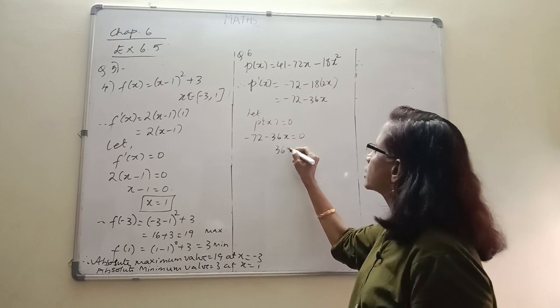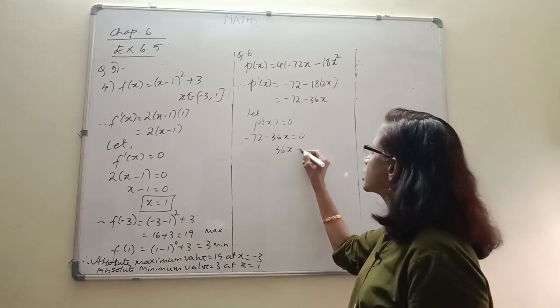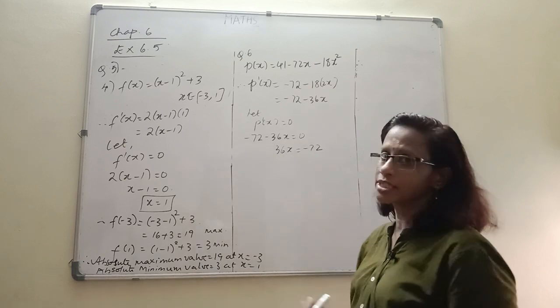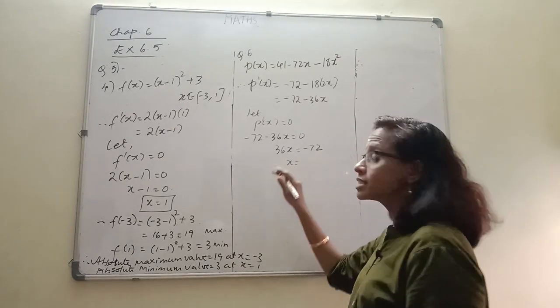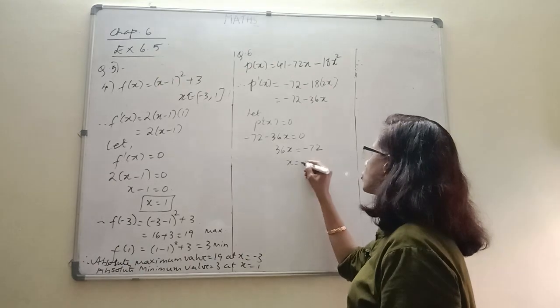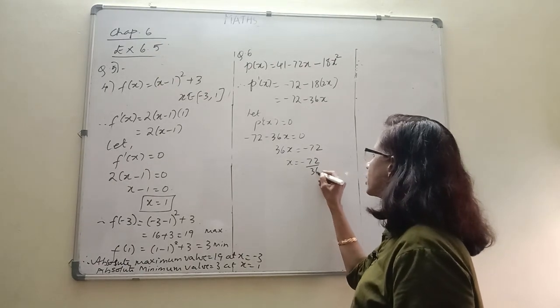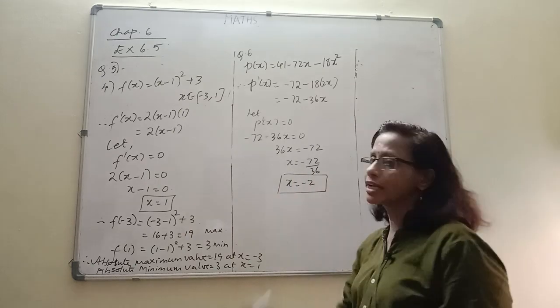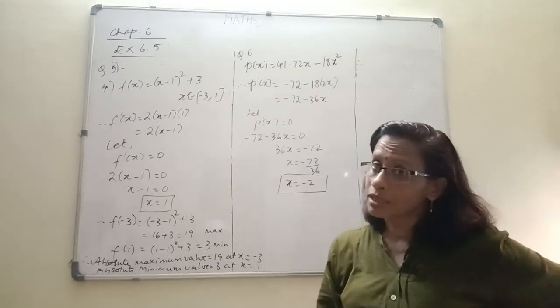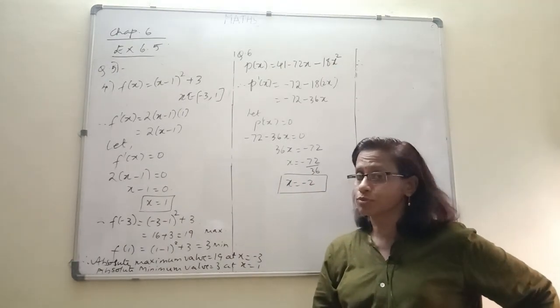Solving that, 36x goes on the other side, -72 stays on that side, and dividing both sides by 36, we get x as -2. So the critical point is at -2.